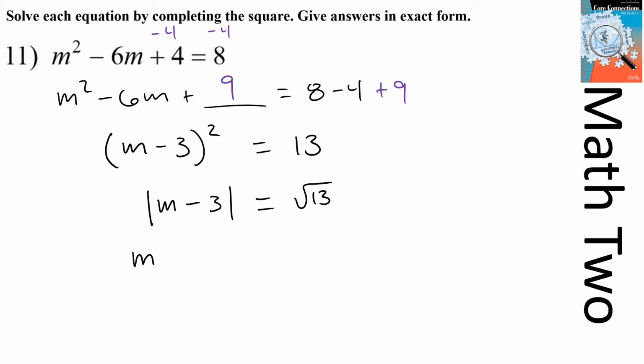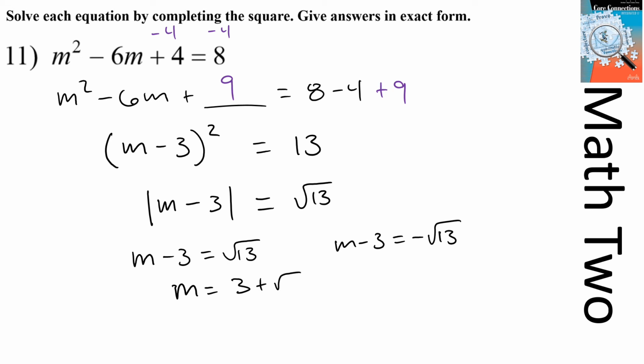So I'll write m minus 3 equals root 13, or m minus 3 equals negative root 13. And if I add 3 to both sides, we see that m could either be 3 plus the square root of 13, or m could be 3 minus the square root of 13.